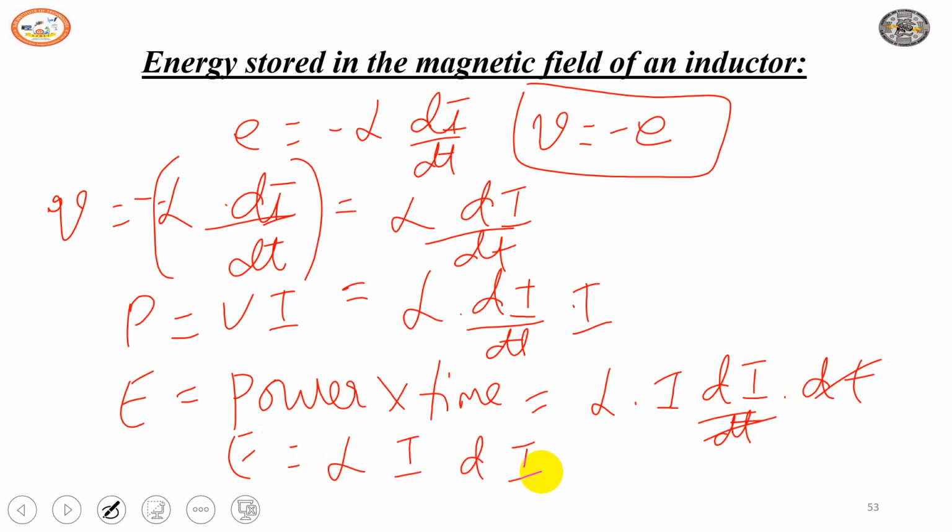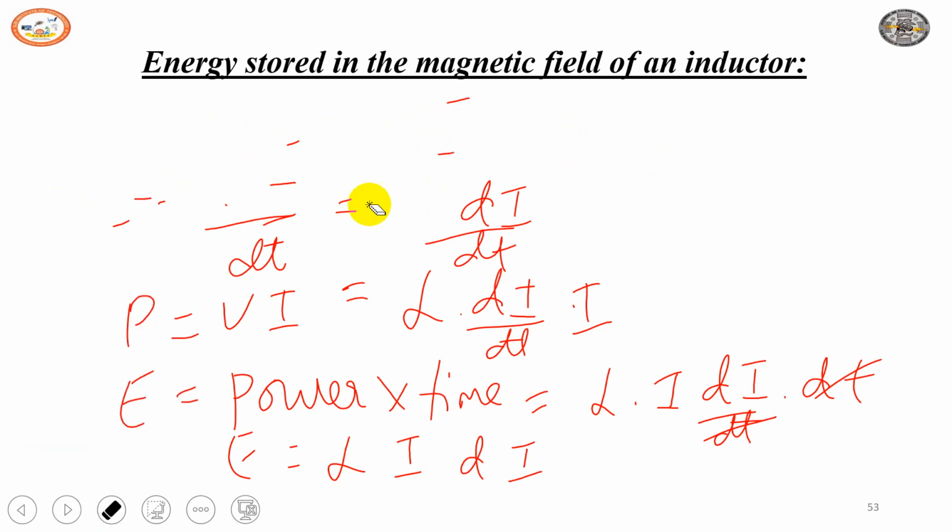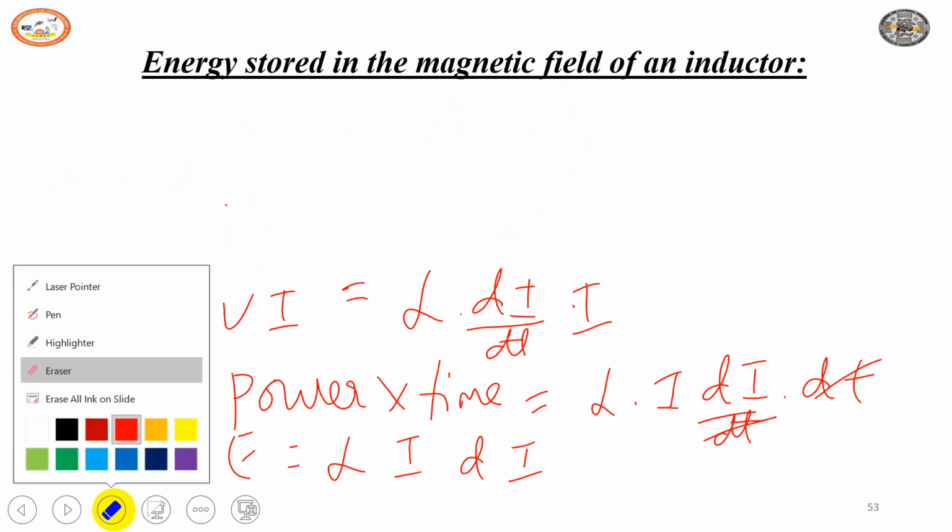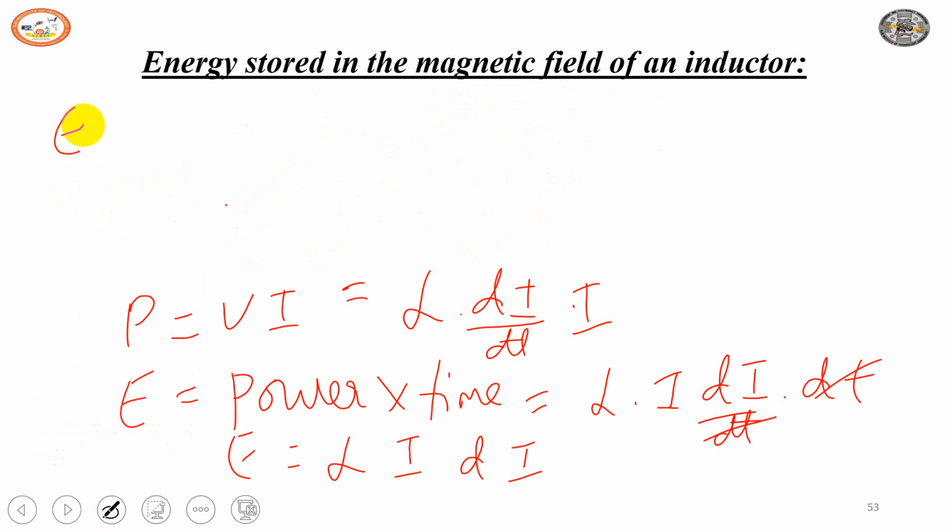But actually, the energy supplied is for a change in current di, as the current changes from 0 to I, so we need to integrate this equation to get the energy stored in the magnetic field. E is equal to the integral from 0 to I of L i into di.